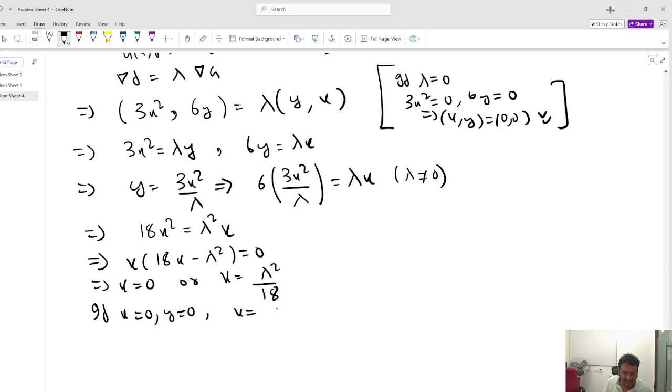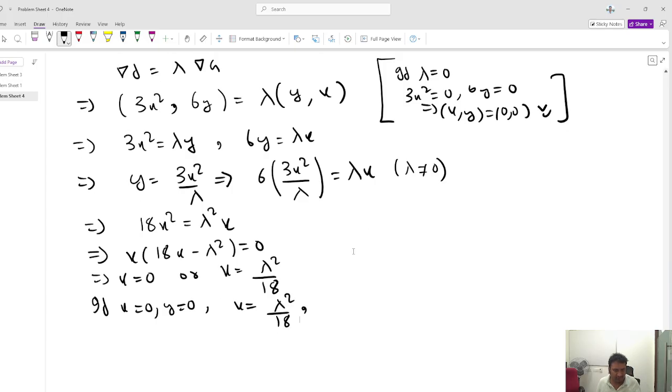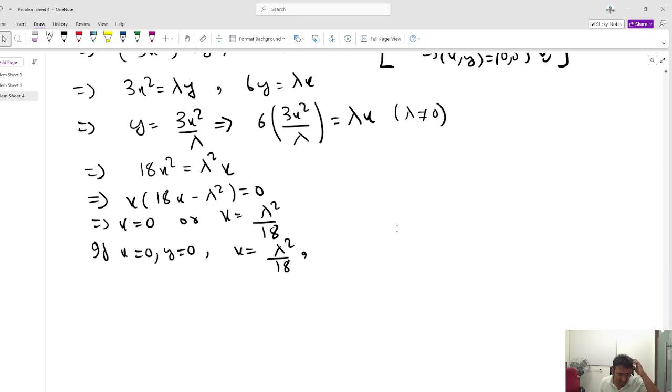And if x is lambda square by 18, then what is your y? Then y is lambda to the power 4. Weird calculation. So 3 by 18 into 18 into lambda. So you can eliminate lambda.